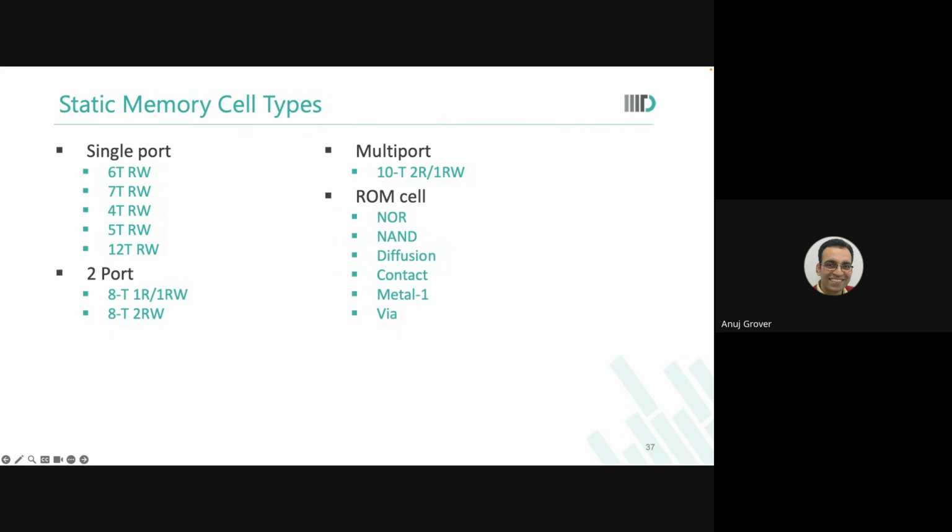So FIFOs, stacks, all those places, this kind of a cell could be used. What about the other one? The two read-write, both the ports can do both read and write operations. It's not necessary that one of these frequencies will always be high, so then you will need both directions.